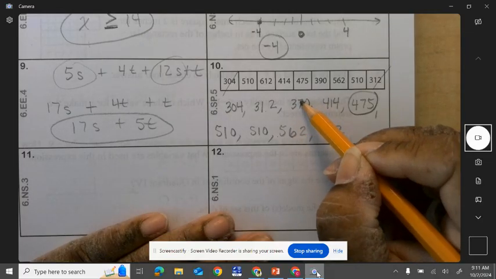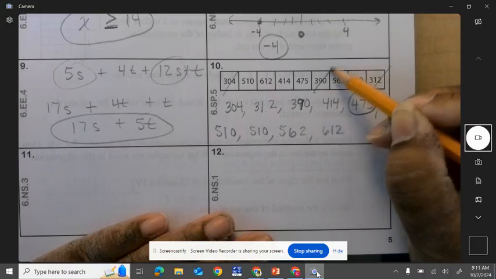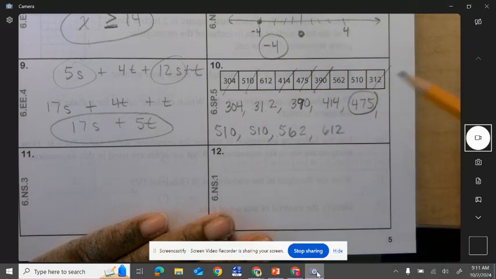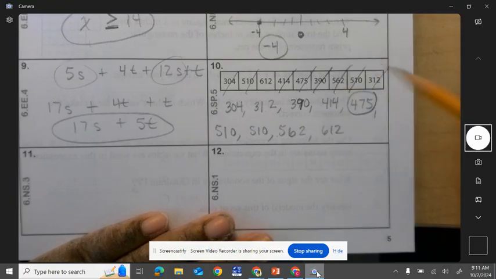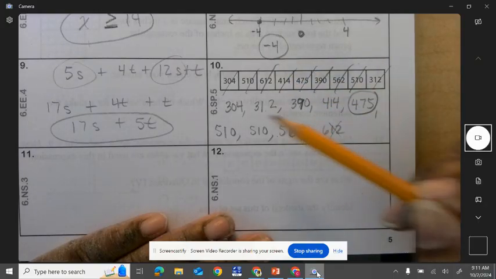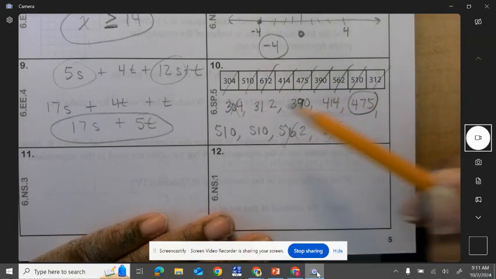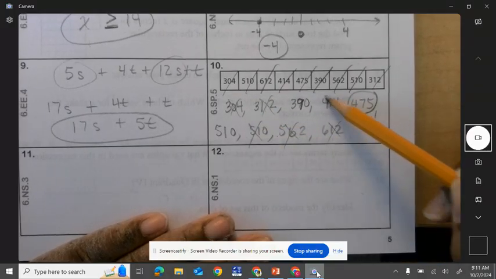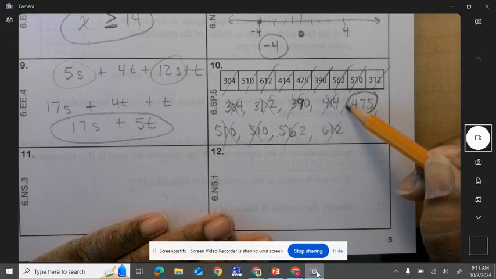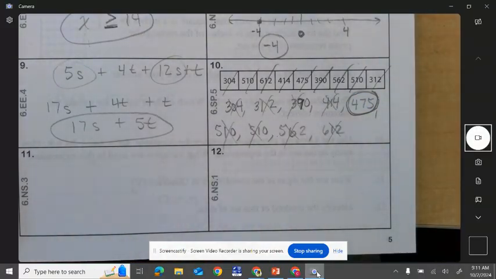Oh, that's supposed to be 390. 390, 414, 475, 510, 510 again, 562, 512. Then you start finding out which one is in the middle. Then that one's in the middle.